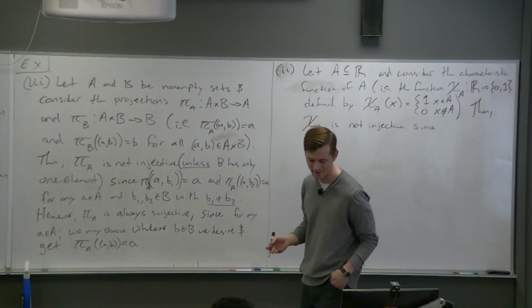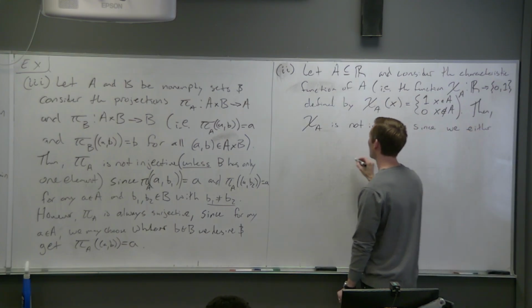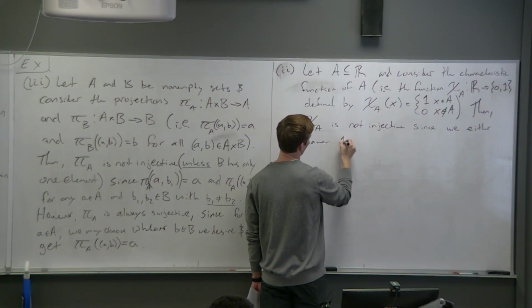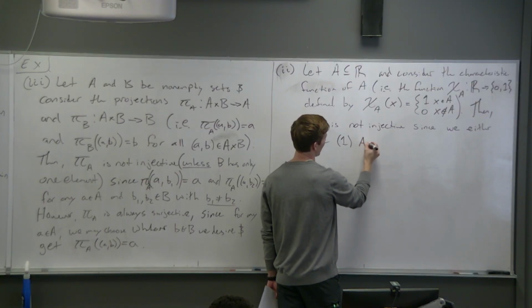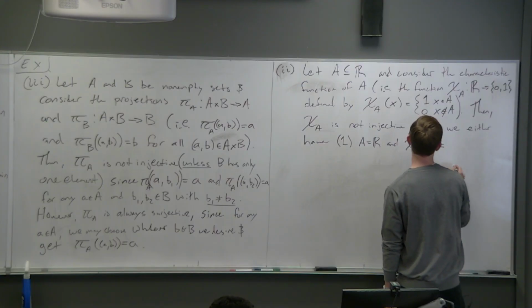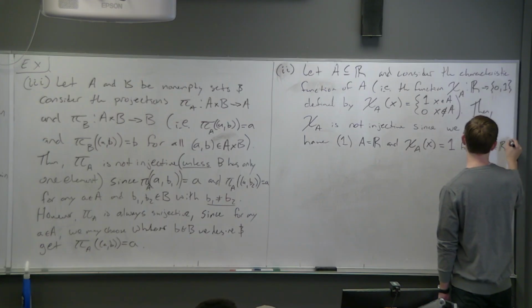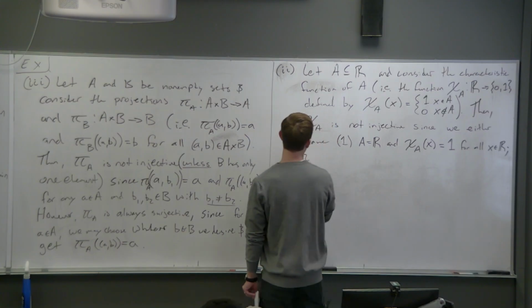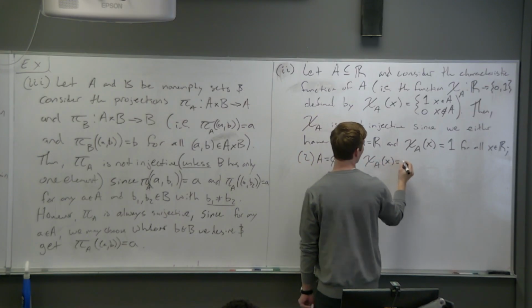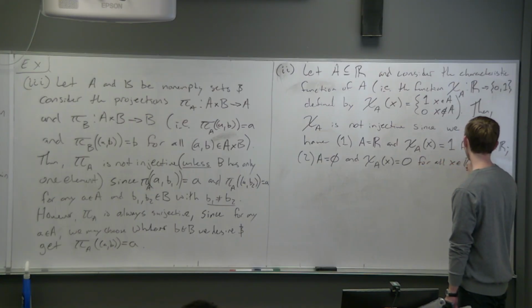To write the justification of what we just said, since we either have, I'll write it as some cases. 1, A is equal to R, and chi A of x is equal to 1 for all x in R. 2, A is equal to the empty set, and chi A of x is equal to 0 for all x in the reals.